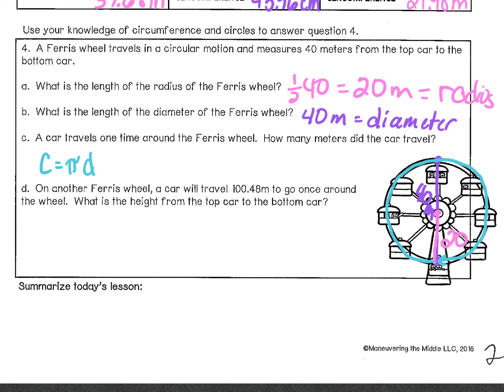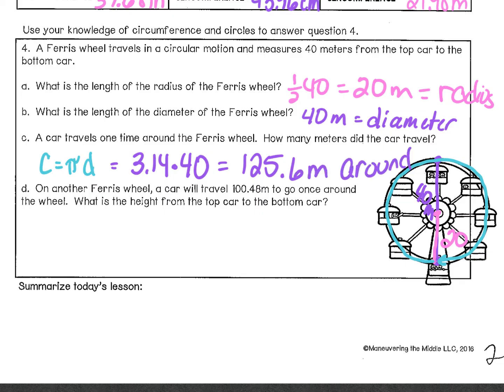So I'm going to go 3.14 for pi times my diameter was 40. Okay, we put that in our calculator. And that should give us about 125.6 meters around. So that's where the Ferris wheel travels.